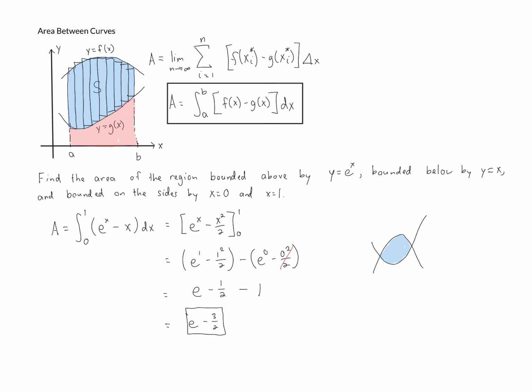So you'll need to figure out which function is the upper function for that region, which function is the lower function, and you'll need to see where they intersect so you'll know what the limits of integration are. So definitely continue watching these videos so you can see some of these problems that are a little bit more challenging.